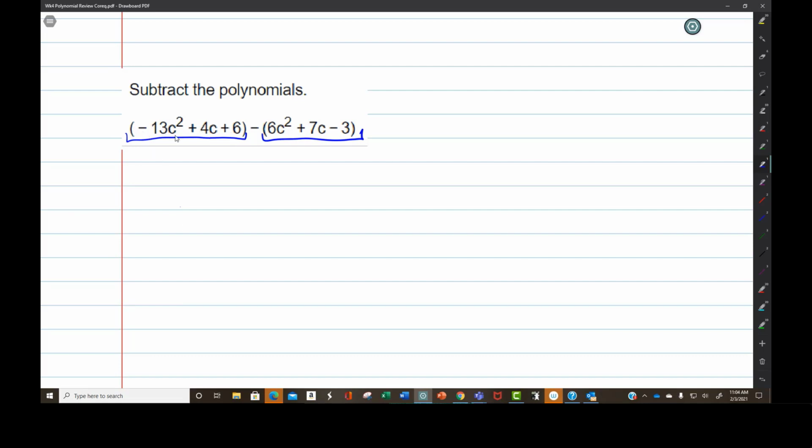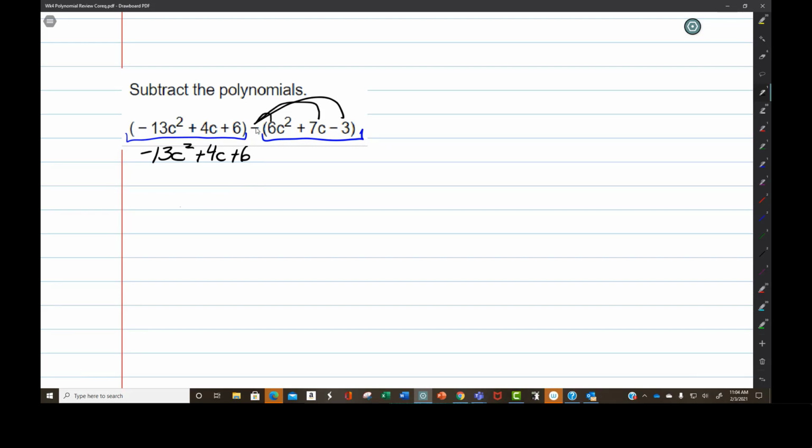First, the first polynomial stays just the way it is: negative 13c squared plus 4c plus 6. The minus sign in front of parentheses means that you distribute the minus sign to all the terms in the parentheses.